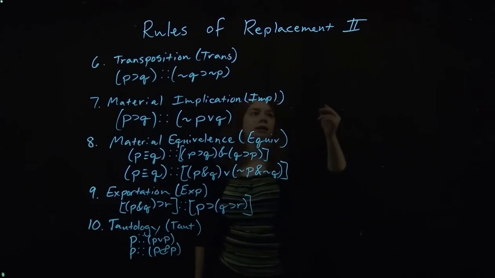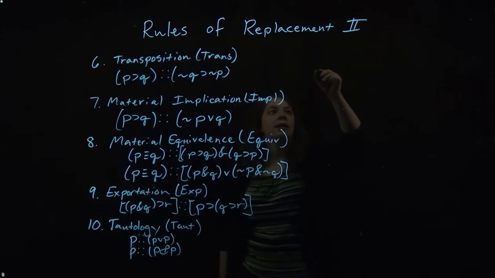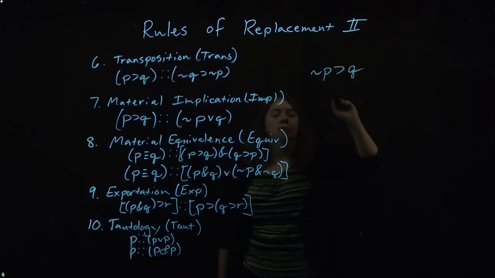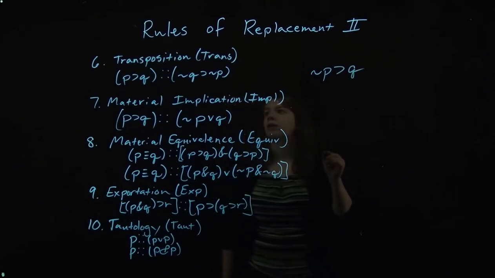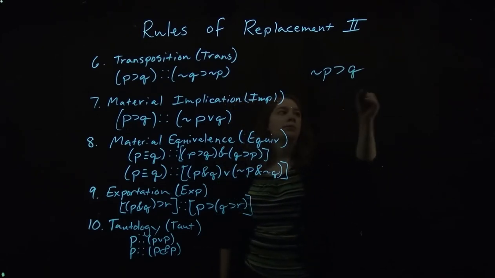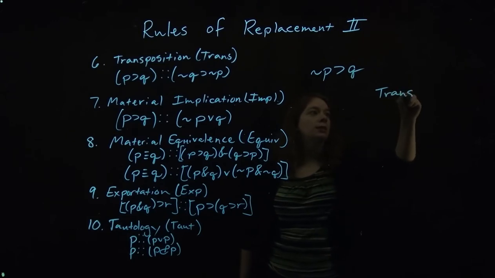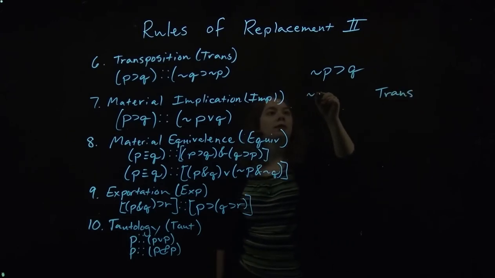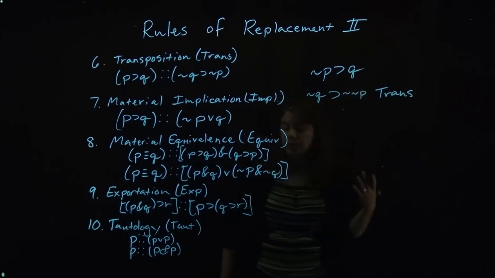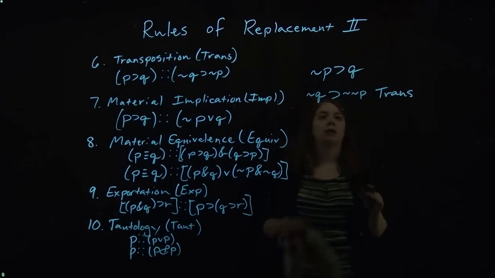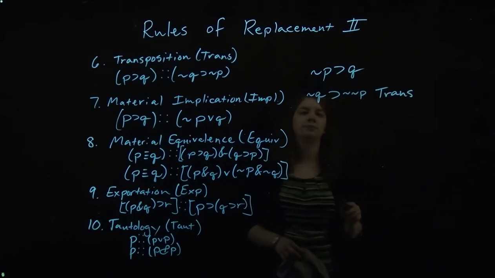If you had a case where it was something like, not P, horseshoe Q, and you wanted to use trans here, you would basically go, so using trans, you would go not Q, horseshoe, not P. Again, as a formality, we have to put in the extra tilde here.